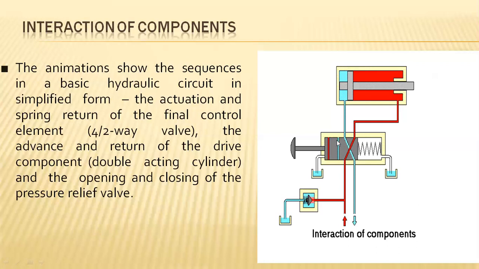So this is one position and this is the second position. So two different positions it is having, advance and return of the drive component, which is a double acting cylinder. The double acting cylinder has both the forward stroke and the return stroke, and the opening and closing of the pressure relief valve.